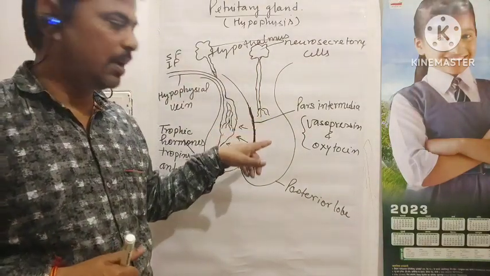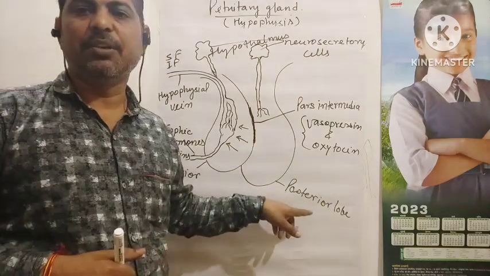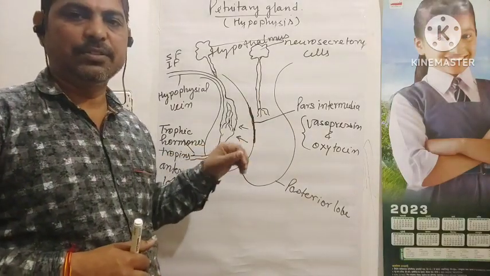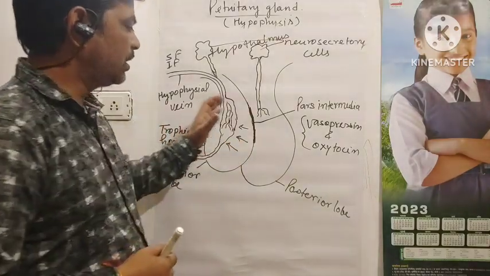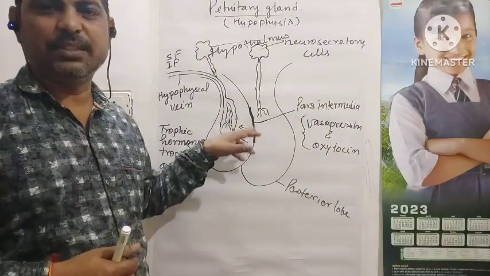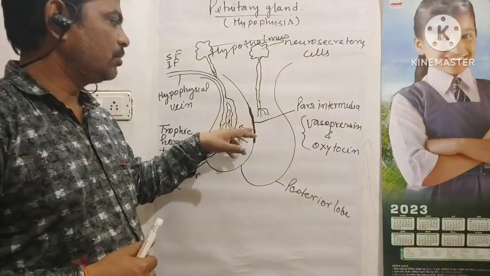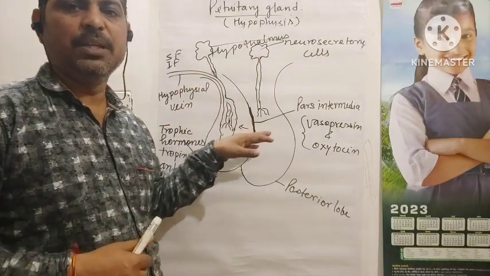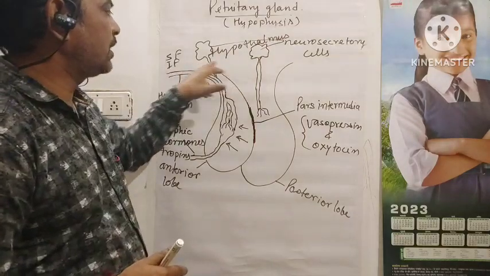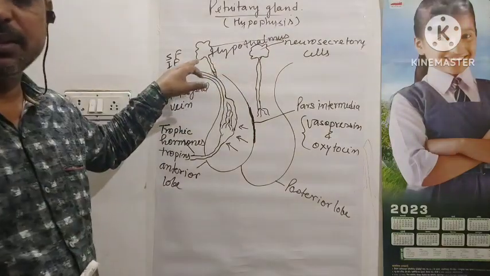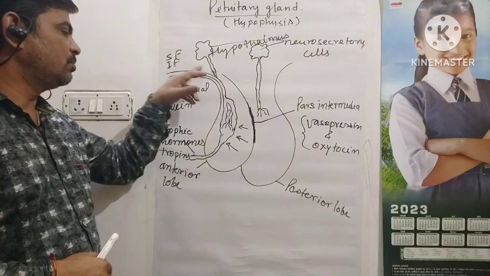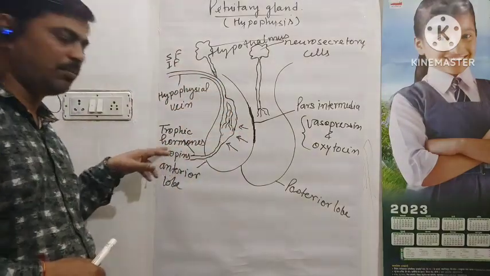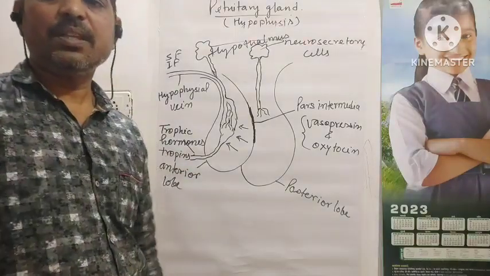Whenever required, they are secreted by the posterior lobe and reach the target site. The pars intermedia secretes only one hormone, melanocyte stimulating hormone. So this is how these lobes are attached to the hypothalamus, which secretes inhibitory or stimulatory factors that enable the pituitary gland to secrete tropin hormones. Okay.